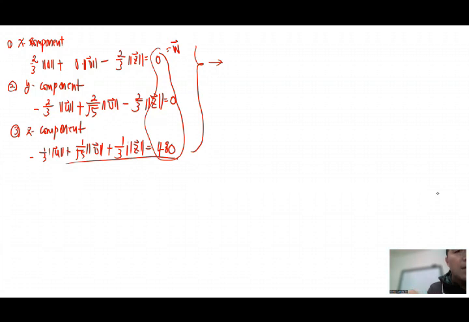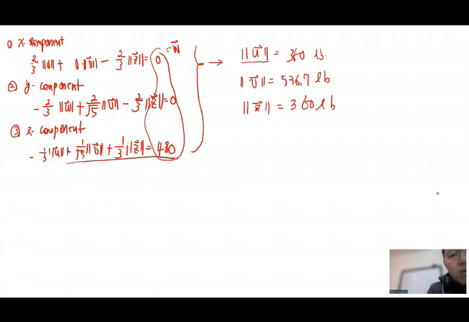So the U vector, the force exerted on the rope along SP, the point P, is 360 pounds, and the V vector should be 536.7 pounds, and the Z vector should be 360 pounds.